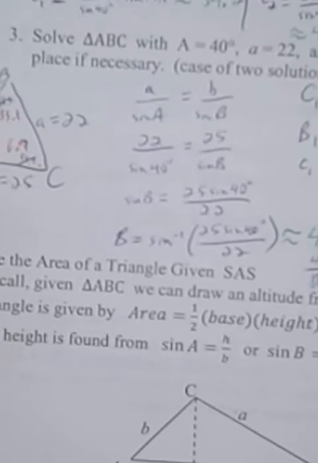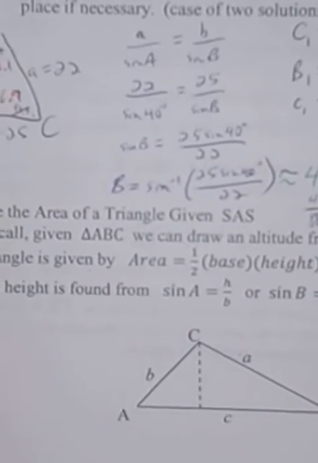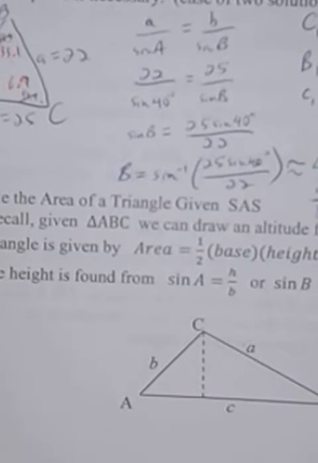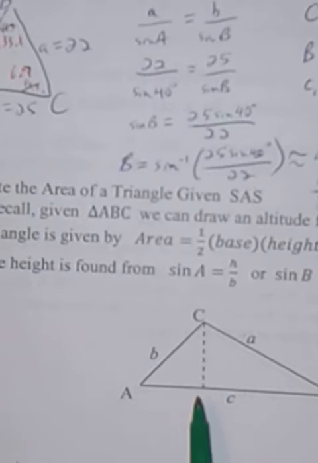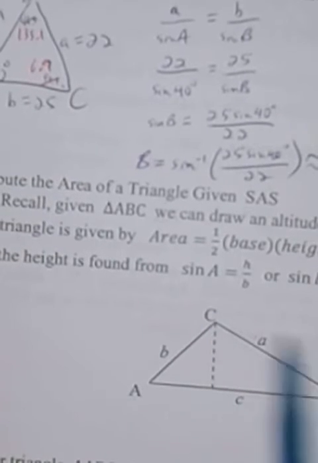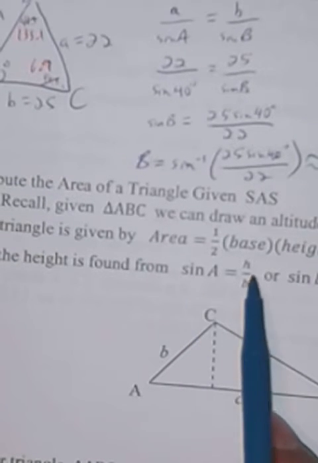All right, let's look at the next part, part 3, computing the area of a triangle given two sides and an angle. Remember when we were trying to prove the law of sines, we said same triangle, and sine of angle A equals h over b.